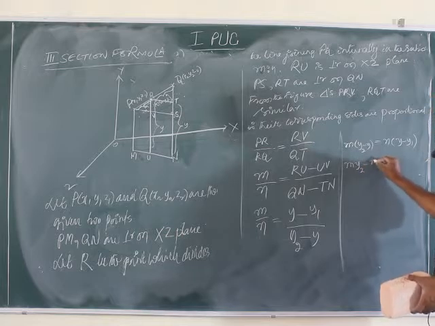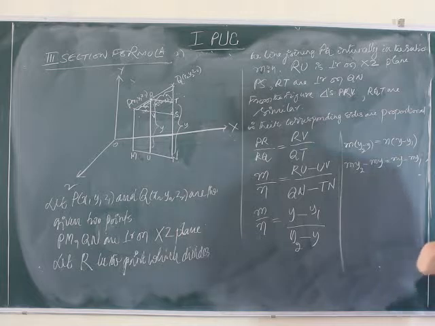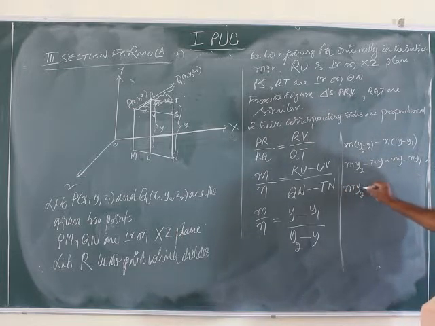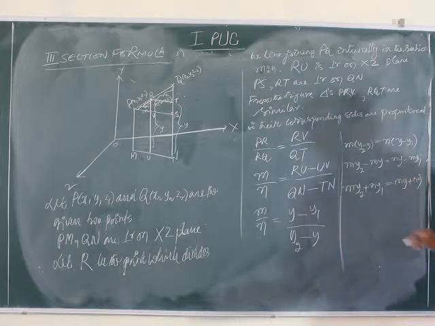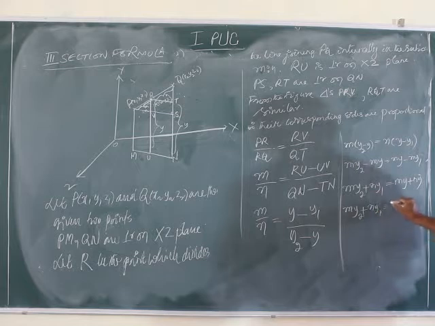My2 minus My equals Ny minus Ny1, or My2 plus Ny1 equals My plus Ny, or My2 plus Ny1 equals Y into M plus N, since Y is taken outside.